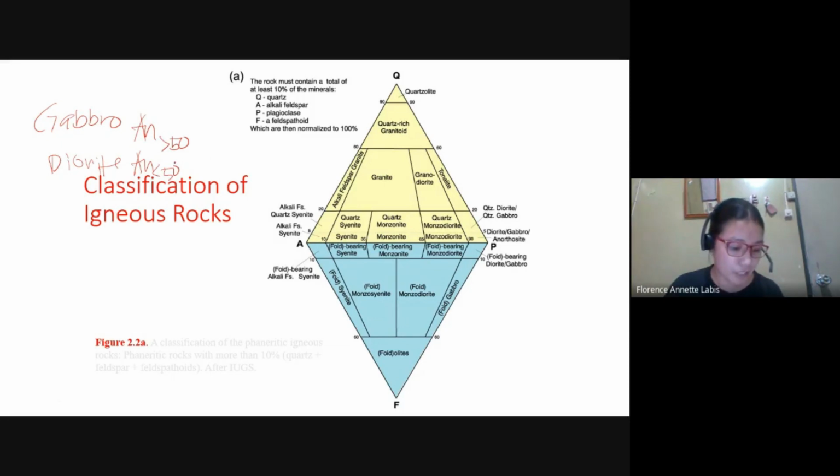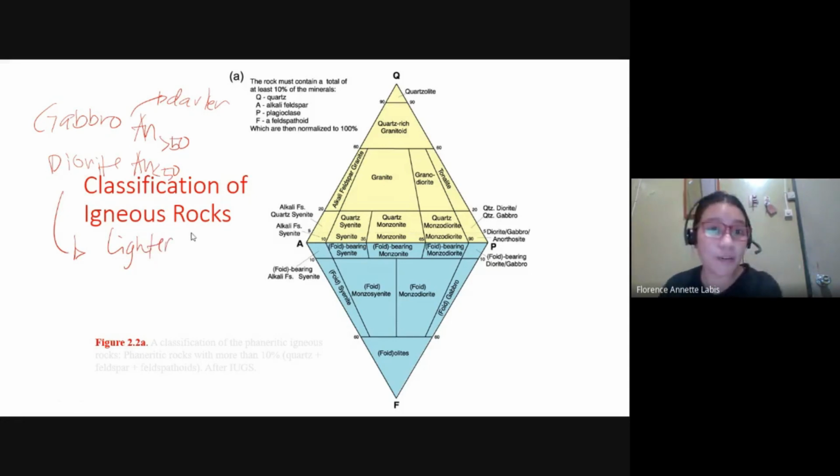But if the anorthite content is not given, always expect that in gabbro, the plagioclase would be darker, while for diorite, it's usually lighter plagioclase. Okay, so I hope this QAPF diagram is now clear when you are distinguishing between diorite and gabbro.